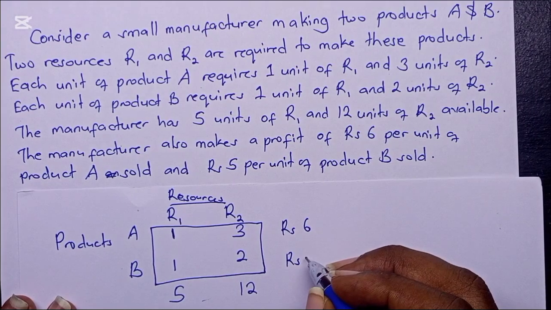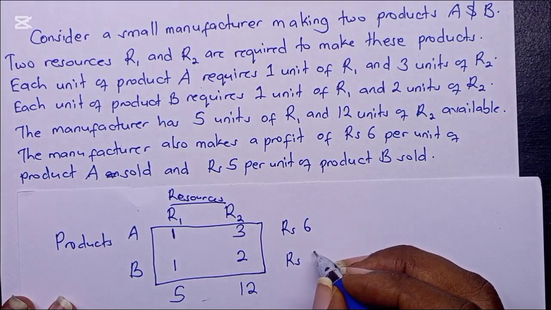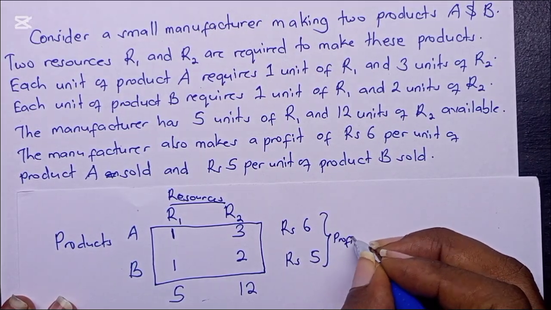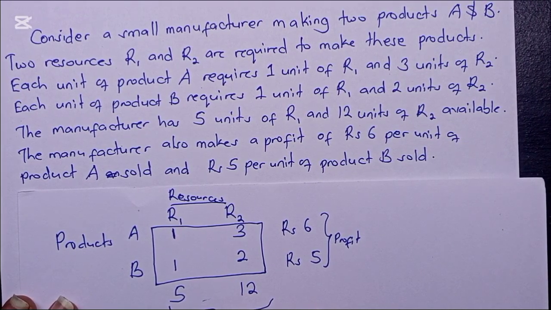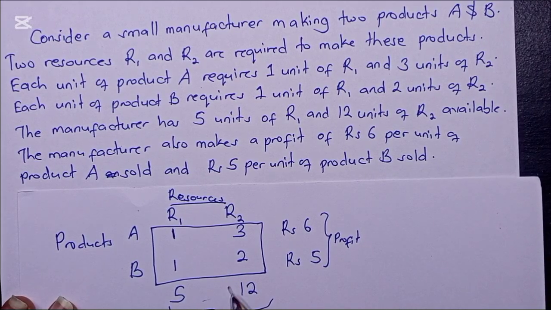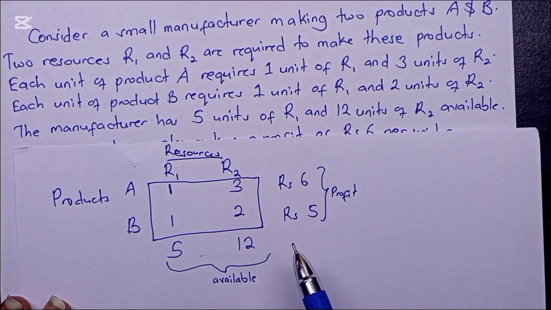So for product B, the profit made for each unit produced is 5. So this is profit, and this is the total resources available. So now we have managed to summarize our information in such a way.